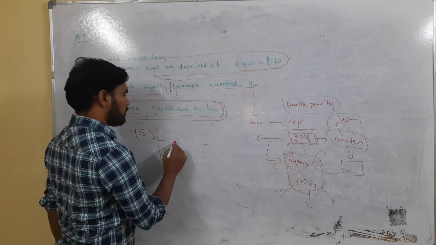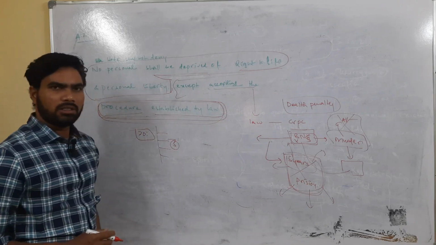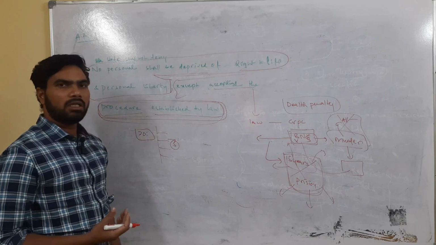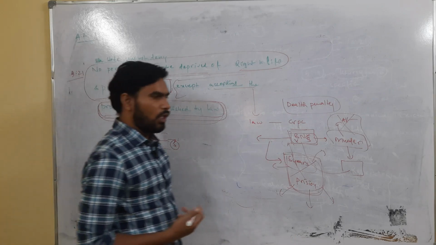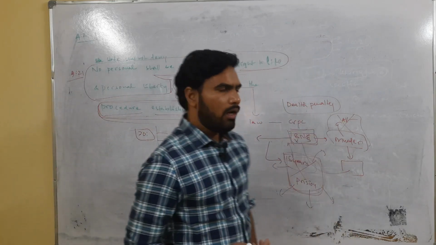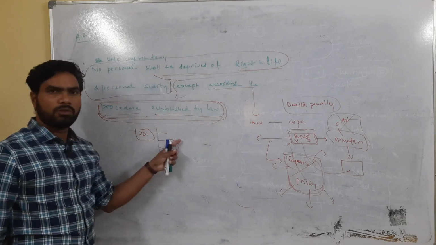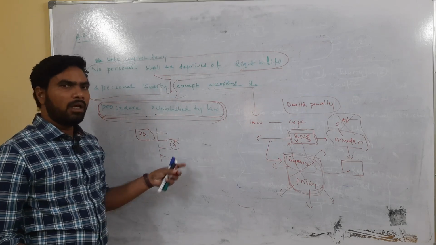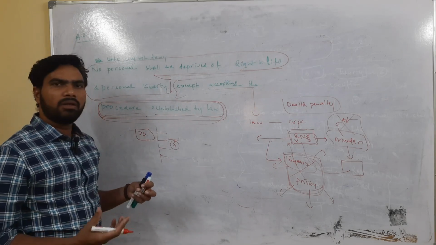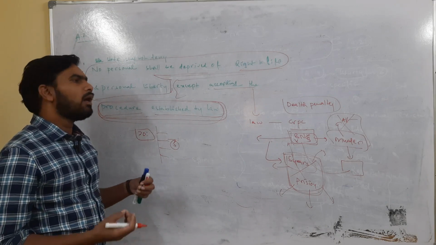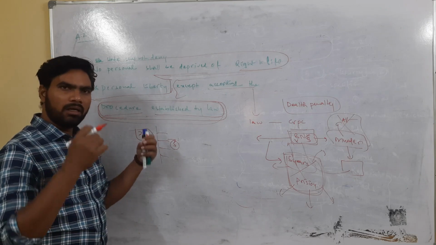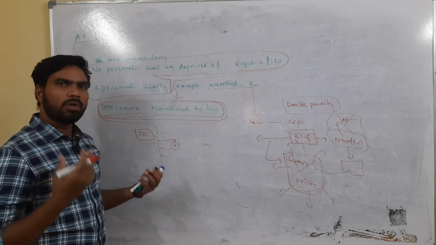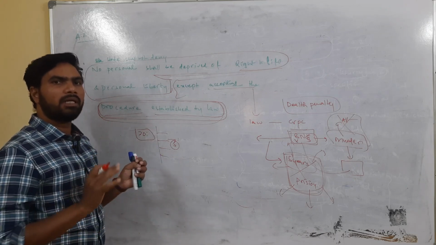We have already seen three clauses in Article 20. First, no ex post facto punishment: punishment is given only for acts that amounted to criminal acts at the time of commencement of that crime.